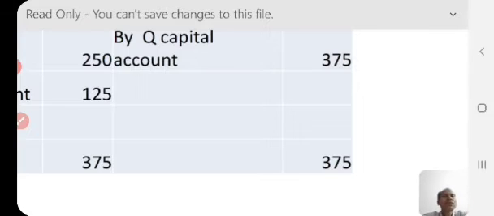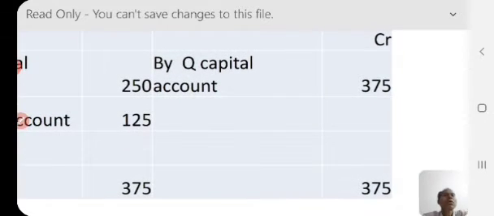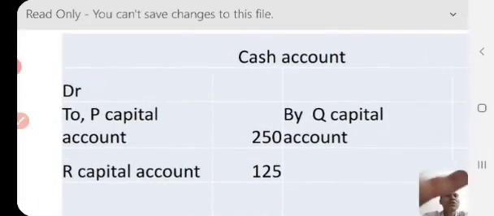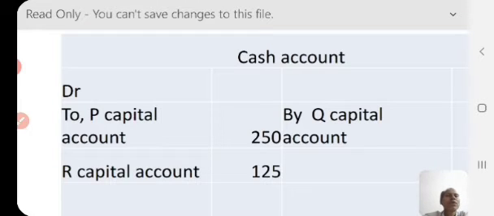This 375 thousands is paid to Q for the capital account balance. So Q capital account debit to cash account. Here, cash account debit to P capital account and R capital account.